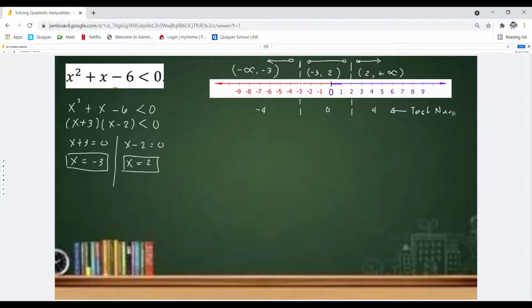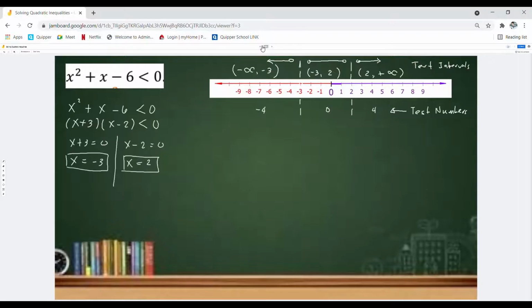So I'm going to have it first like that, so you will be guided. These are test numbers, and these are our test intervals.